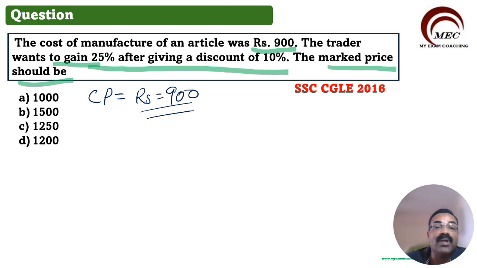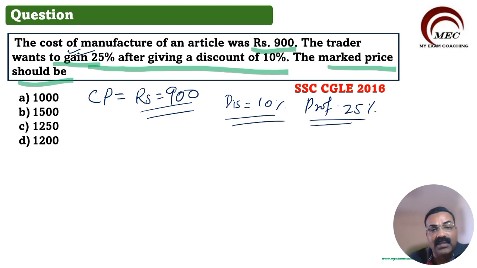Now he wants to give a discount of how many percent? He wants to give a discount equal to 10%. And he wants to make a profit of how many percent? He wants to make a profit of 25%. So these all are the information given in the question.